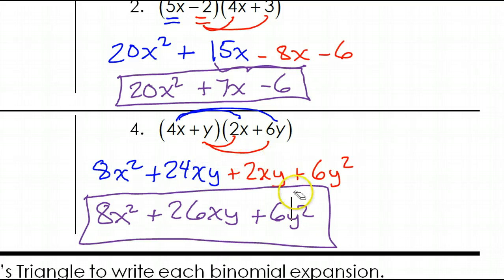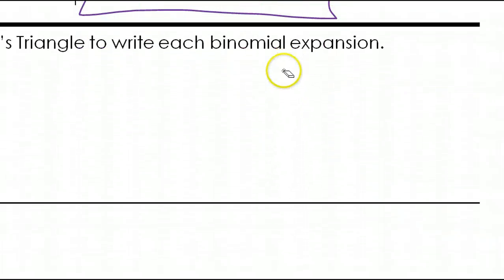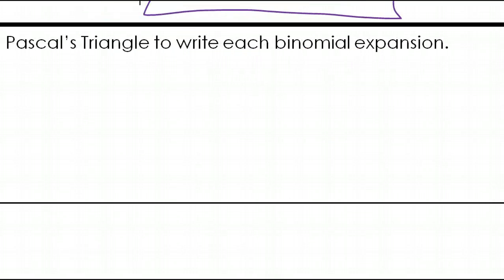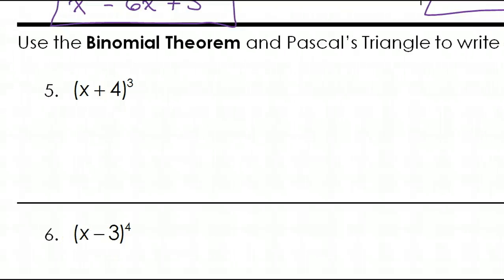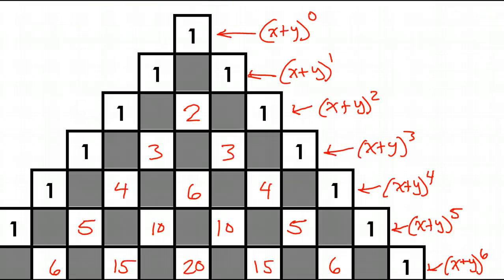Now it's time to take it to the next level and see how we can use Pascal's triangle to help us do things like this. Pascal's triangle gives us the coefficients of the answer, all right, our expansion. So first we need to look at which row we need.